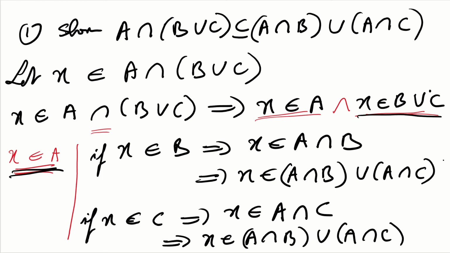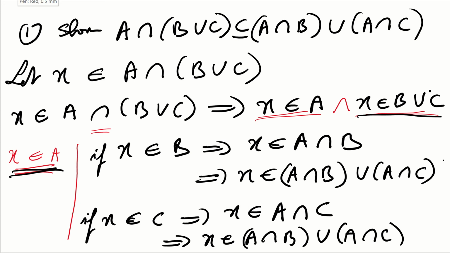We discussed all the cases, for the case where x is in B and the case where x is in C, because we are not sure. If this was the and, it would be very straightforward because x would have to be in B and also in C. But because it's the or, we have to make sure that we discuss all the cases.